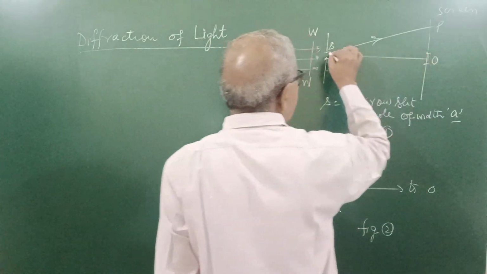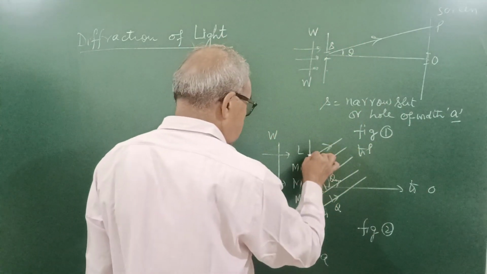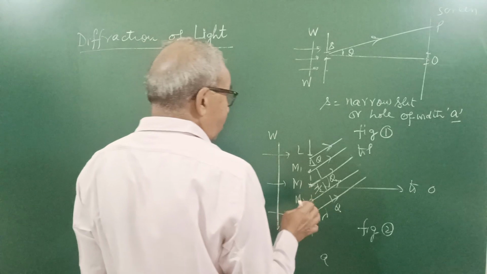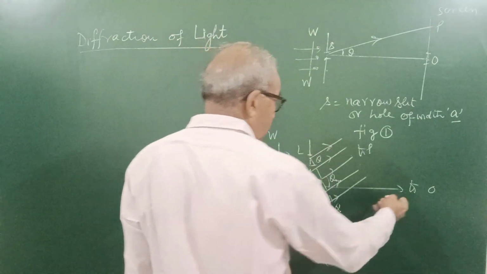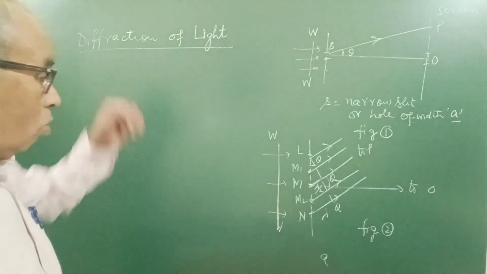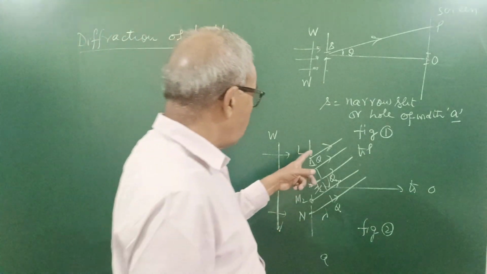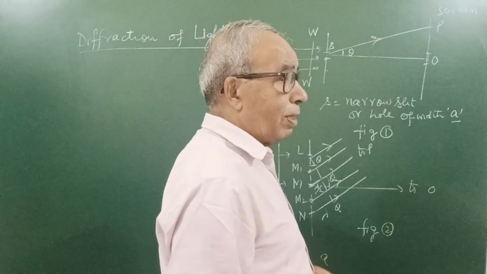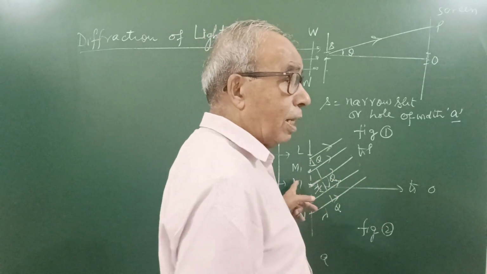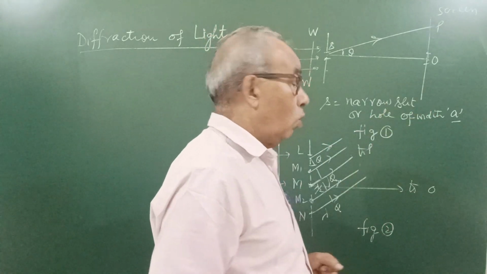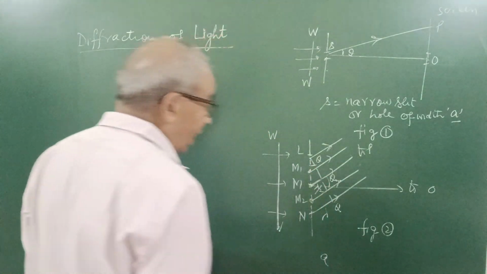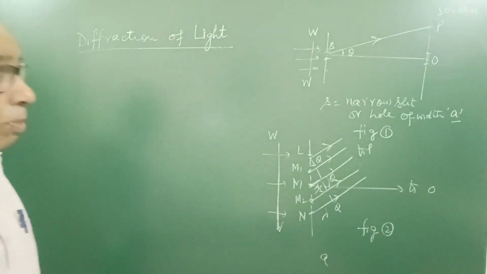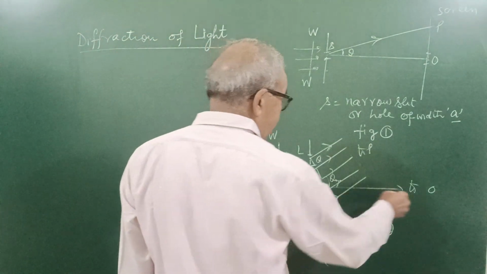Point O is exactly equidistant from the two halves of the slit. So the secondary wavelets starting from point L and point N meet with path difference 0, and since they are in the same phase, they meet in the same phase at O. So like L and N, every point M1 in the first half meets with another point M2 in the second half.